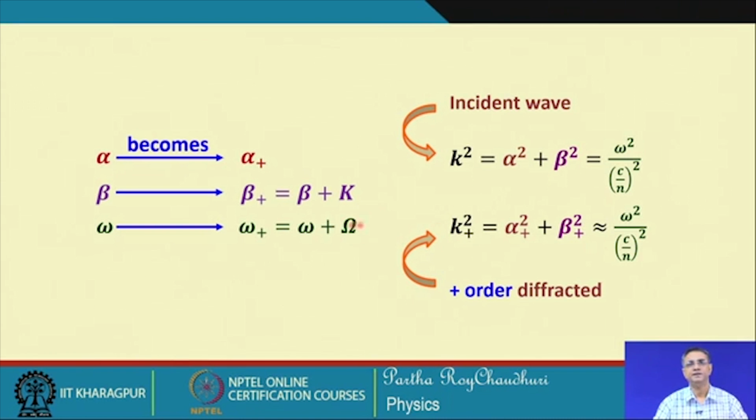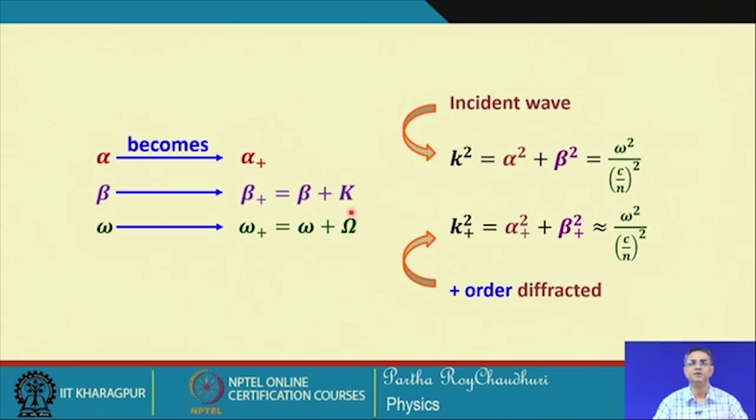Mind that this acoustic frequency is much smaller than this. Therefore, we can write k squared equal to alpha squared plus beta squared, which is equal to omega squared by (c by n) squared. This is true, and there is no approximation. But k plus squared, that is the square of the magnitude of the propagation vector of the plus order diffracted beam, is equal to the x component squared and z component squared, which is omega squared by (c by n) squared, where omega has become omega plus capital omega in the numerator.